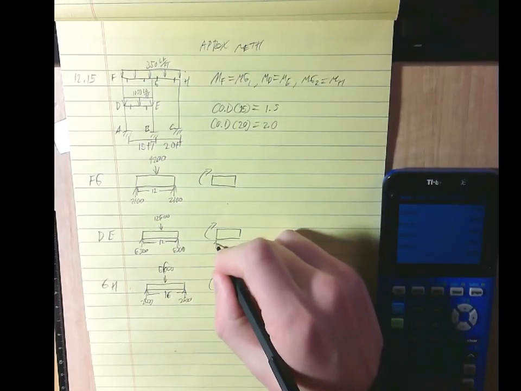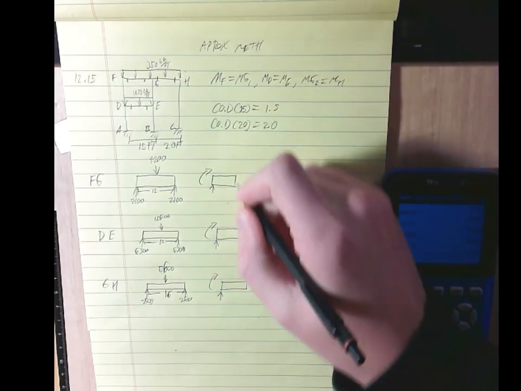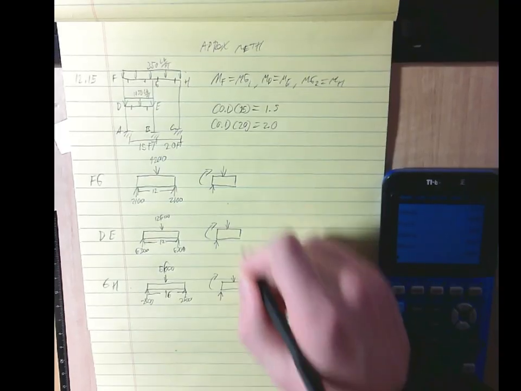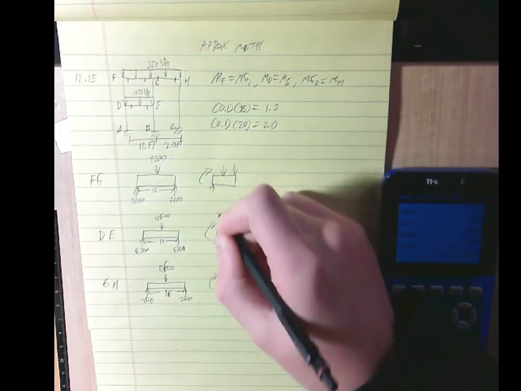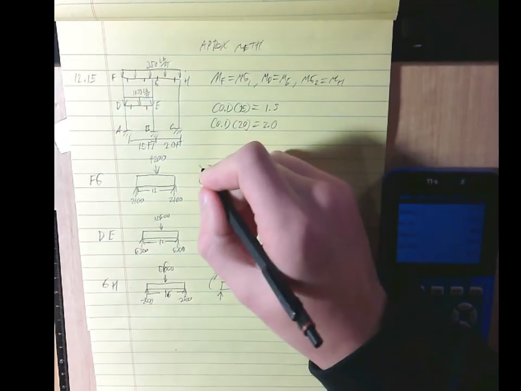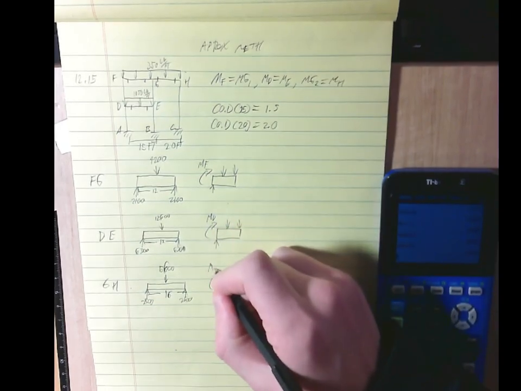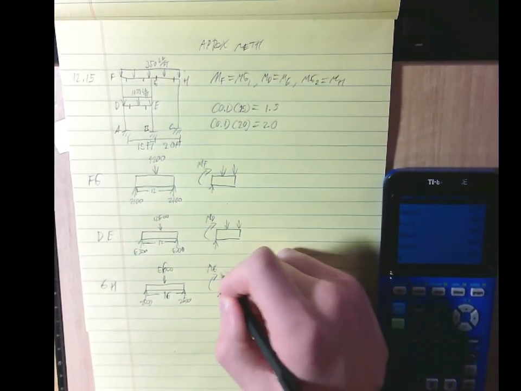A force here on the outside, a force at the center, and a force at the very end. Okay, sweet. And this here we can say is MF, MD, and MG. And that's what we want to find overall.